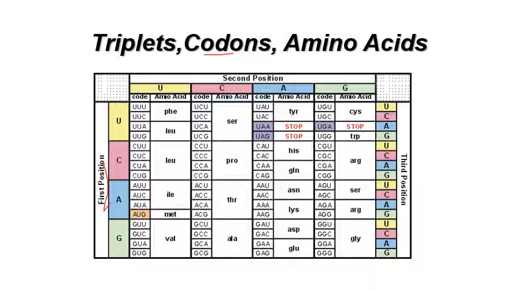Okay, second letter is up here, and third letter is down here. Okay, and so if it's U, U, and a U, we already saw that as phenylalanine. Okay, but if you have U, U, and now we go down to the third and we have A, we have leucine.